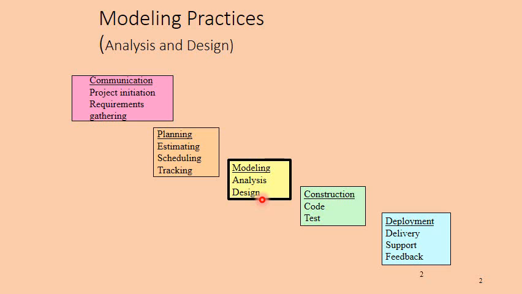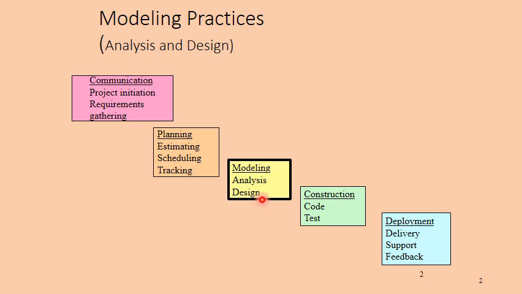So our aim is to create a model that can be easily understood by the person working in the next phase. In this we have three important points: the information, how that information will flow from one place to another, the architecture of your model, and the functions of it.